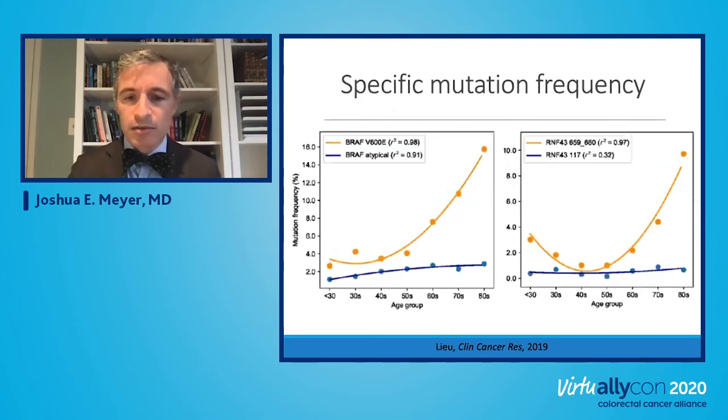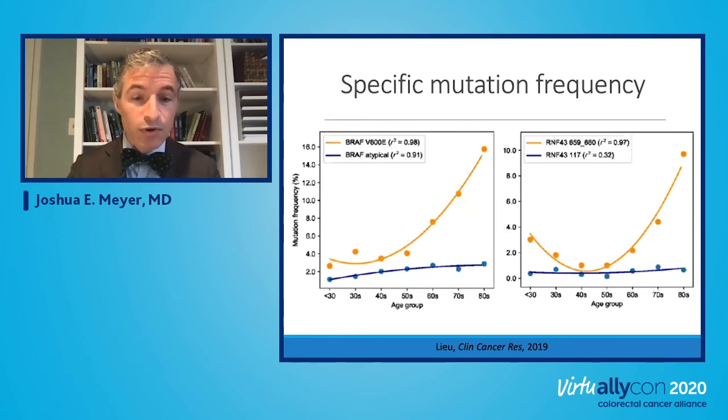When we looked at these a little more closely, we found something very interesting, which is that it's not just any mutation on the gene. It's not that it's random, but actually it's a very specific mutation that's driving this increase. So on the left with BRAF, there's a particular mutation where a single spot is mutated from one to another codon, one specific spot where there's a mutation.